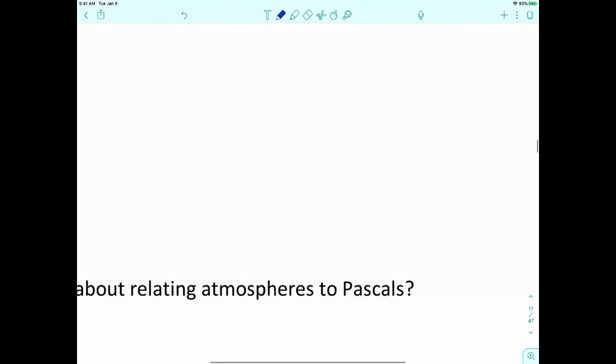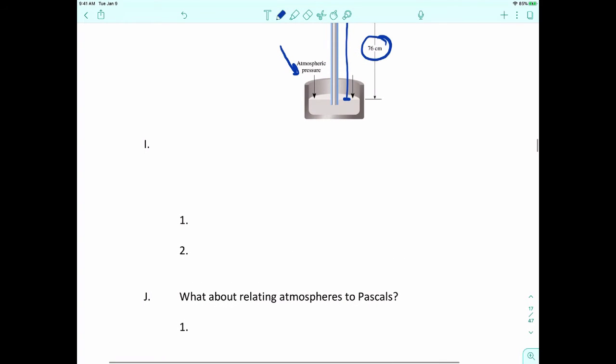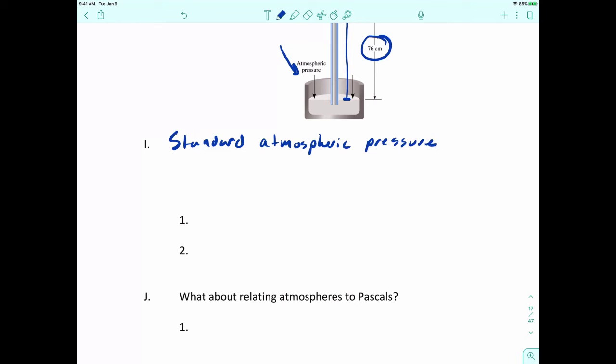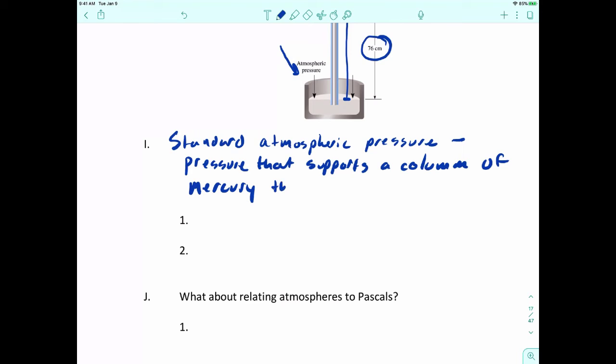Okay. Now, the standard atmospheric pressure, the way we define this, is the pressure that supports a column of mercury that's 76 centimeters high at 0 degrees Celsius.